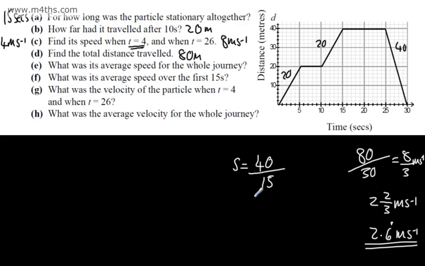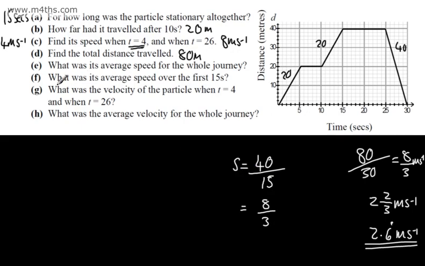We can simplify this, dividing both of these by 5. That's going to give us now 8/3. And again, on there, 8/3 will give us exactly the same. So 2.6 recurring meters per second. So that's the first 15 seconds. We've travelled 40 meters in 15 seconds.